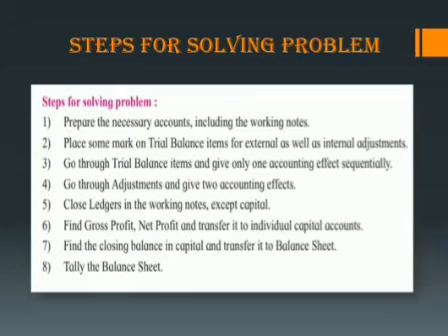First, prepare the necessary accounts including the working notes. Necessary accounts means trading account, profit and loss account, partners' capital account or partners' current account, and the balance sheet. After the balance sheet you have to write down the working notes also.